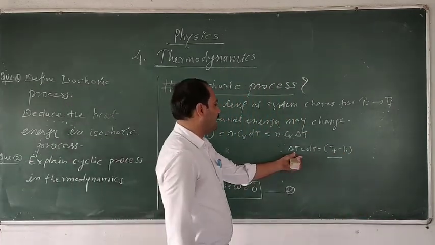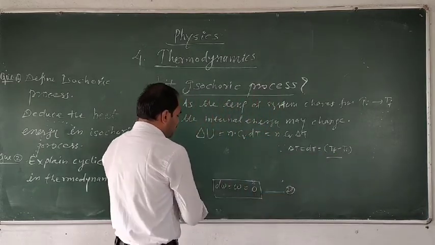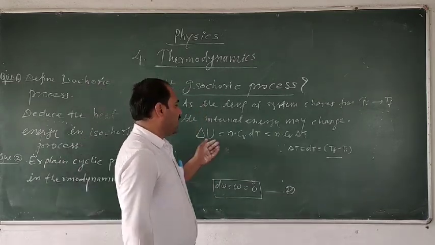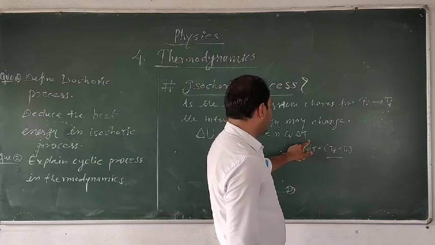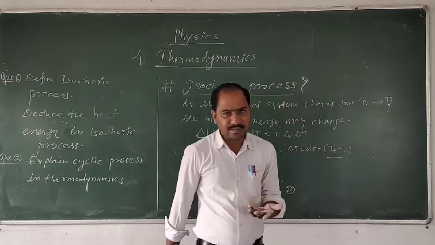So the change in the internal energy is given by n Cv delta T, where delta T is Tf minus Ti.